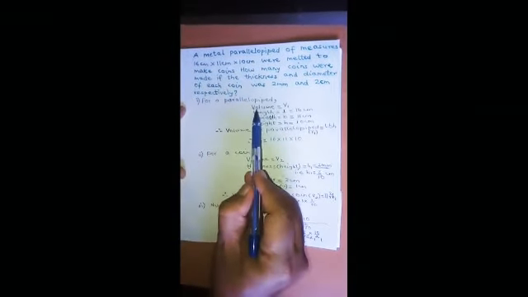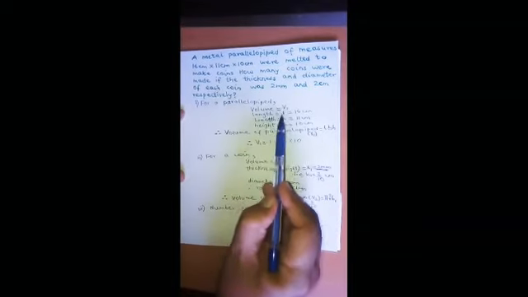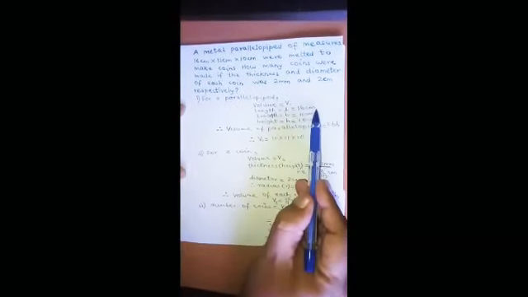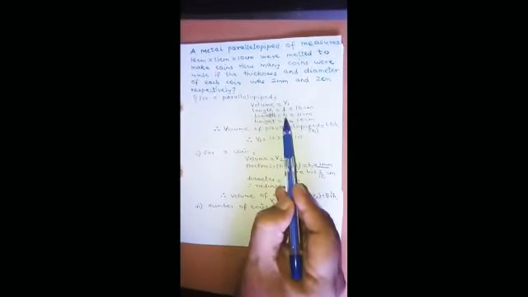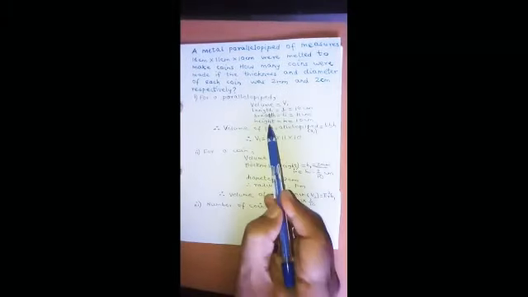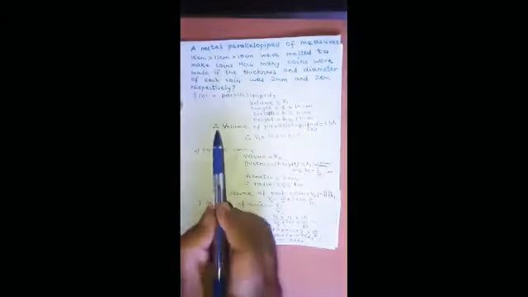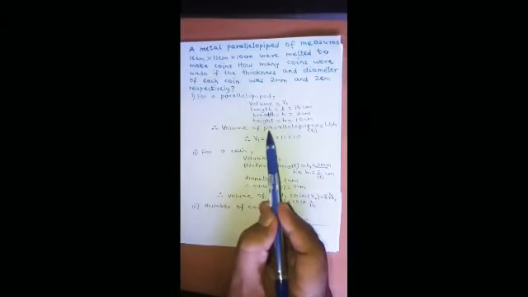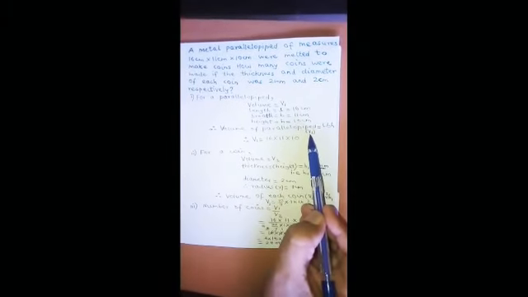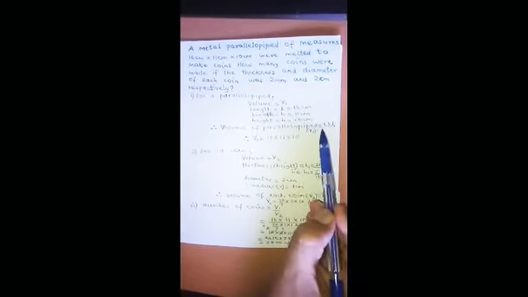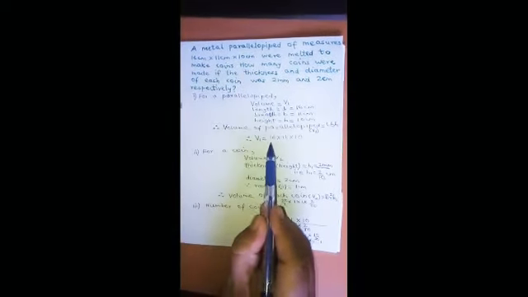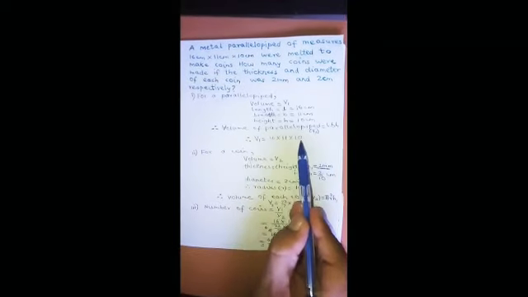Volume equals to V1, length equals to L equals to 16 centimeters, breadth equals to B equals to 11 centimeters, height equals to H equals to 10 centimeters. Therefore, volume of parallelopiped, this we are representing it by V1 equals to LBH. Therefore, V1 equals to 16 into 11 into 10.